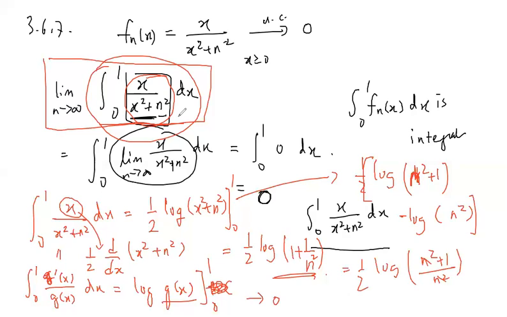So you will find that it is very difficult to find this limit if you do not know the concept of uniform convergence. If you know what uniform convergence is, you can check whether this function is uniformly convergent. And if it is uniformly convergent, then just feel free to move the limit sign into the integration operation. That will make things much easier.